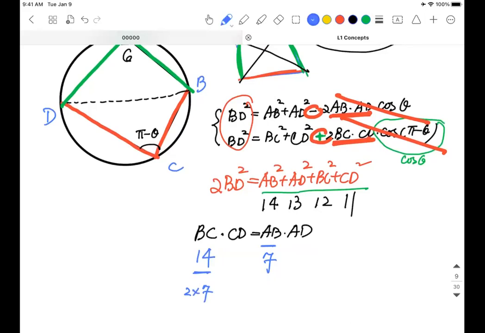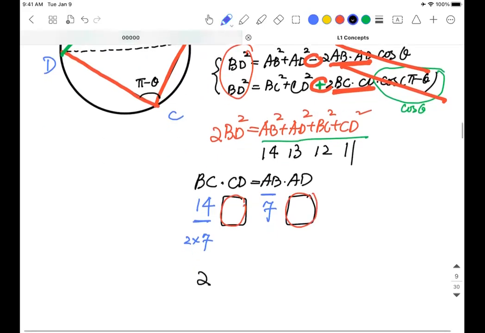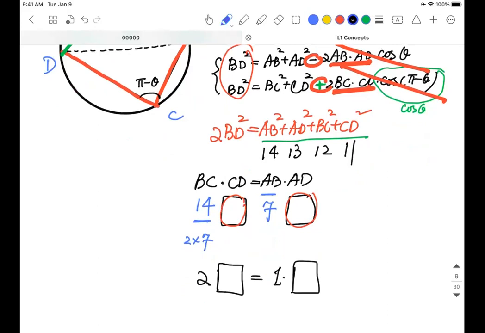Okay, so now you're kind of trapped. You need to find another two values on the left and on the right, and make sure this guy times 14 equals this guy times 7, aka 2 times this guy equals 1 times this guy.